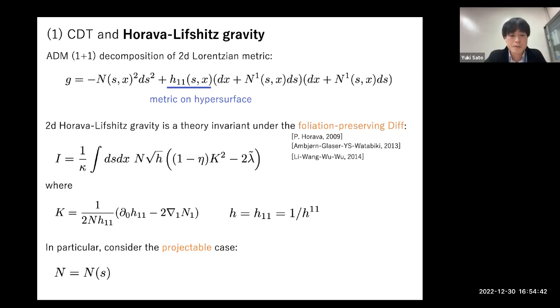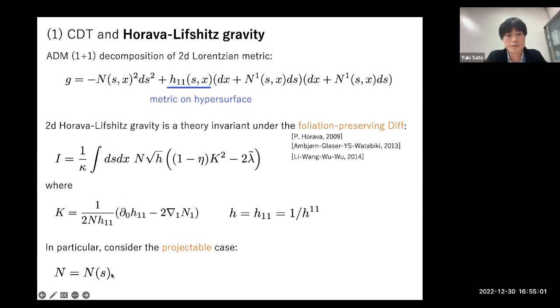In particular, we consider a special version called the projectable case. In the projectable case, the lapse function, which is essentially the time component of the metric, is only a function of time.